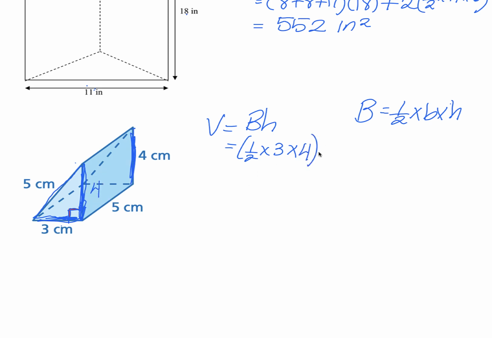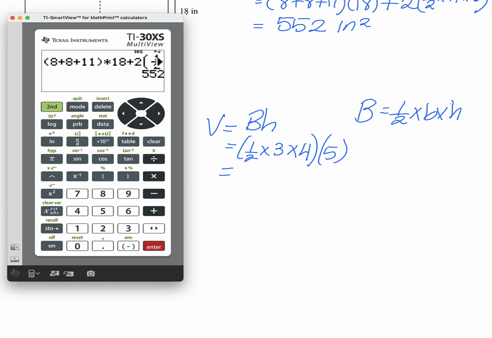Times 4 multiplied by the height of the prism. Now the height of the prism is down here. It's this length right here. Remember, the height of the prism is the length when you go from base to base, okay? So that is 5. Again, let's put this in our calculator.